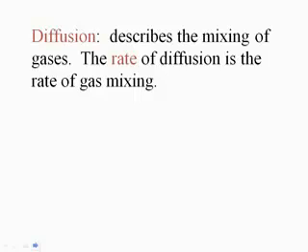That's just because the random motion of gas particles disperses them, even in the absence of forced ventilation. Their random motion is going to disperse them, and that's called diffusion.